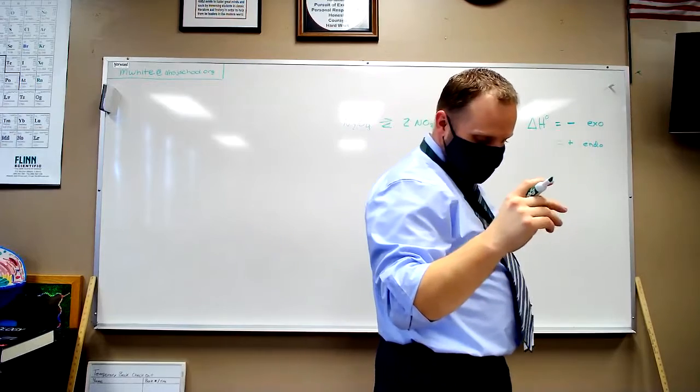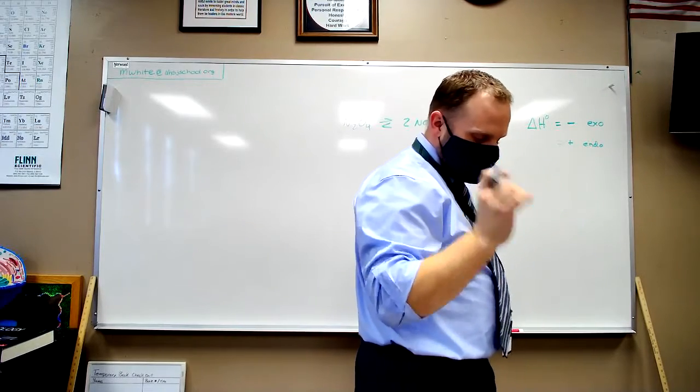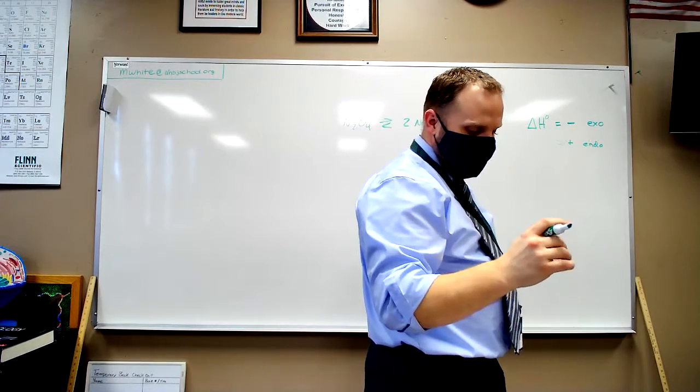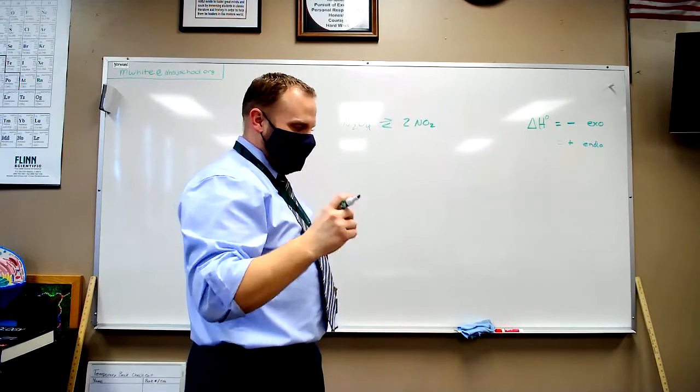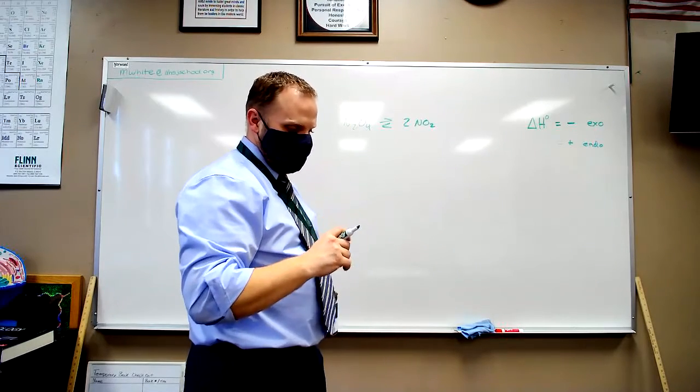Now, the dinitrogen tetroxide is colorless. Nitrogen dioxide is sort of a reddish brown.